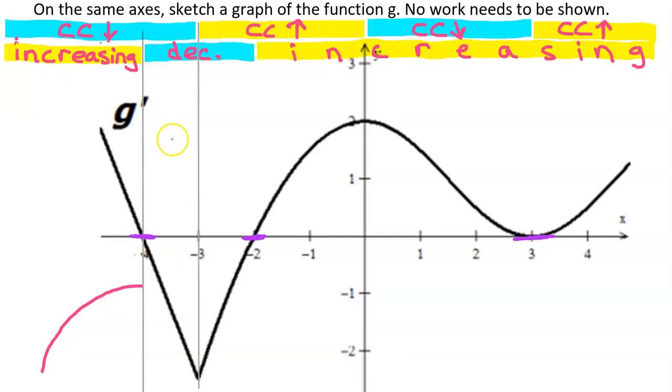My next interval is very narrow, but function g should be decreasing and concave down. And there's no purple mark here, so it does not need to end in a horizontal tangent line. It'll just be decreasing and concave down. So here we go. Concave down, decreasing.